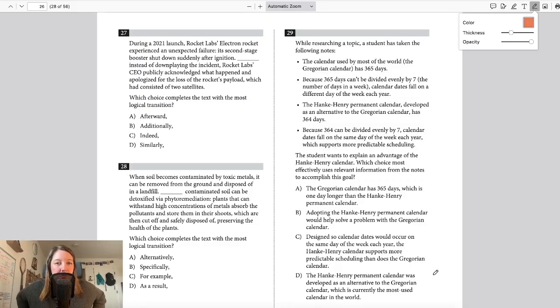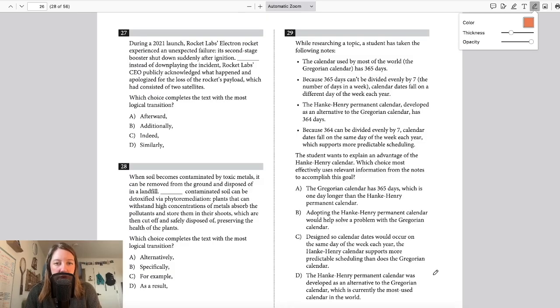Okay, so the relationship between its second stage booster shutting down suddenly after ignition, and instead of downplaying the incident, Rocket Lab CEO did this, is pretty neutral, right? We're not saying this but that. These 2 things can't exist at the same time, right? They're also not particularly positive relationships. It's kind of just giving us a sense of what happened in what order, right?